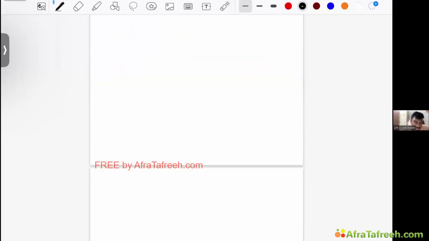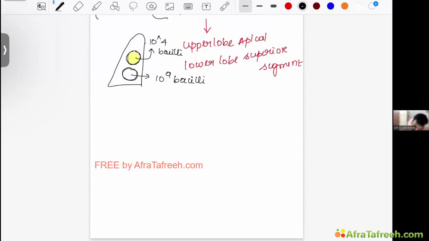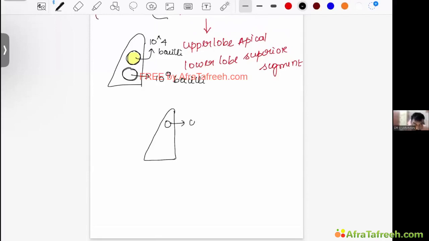So how can primary TB present? This primary TB can present in the lung first as a cavity. This cavity can be filled with caseous material which is expelled out, and now it is replaced by aspergillus.